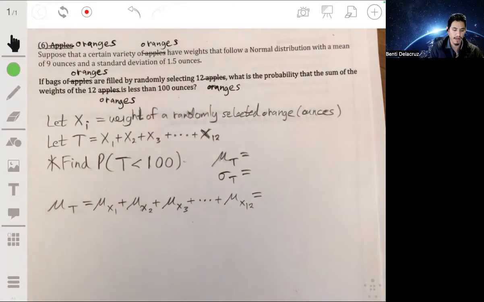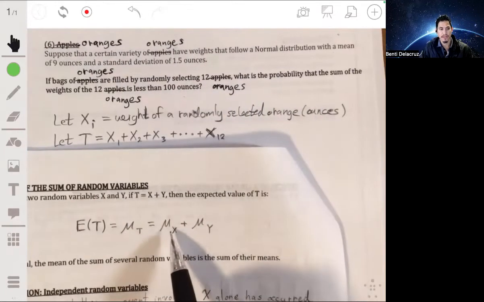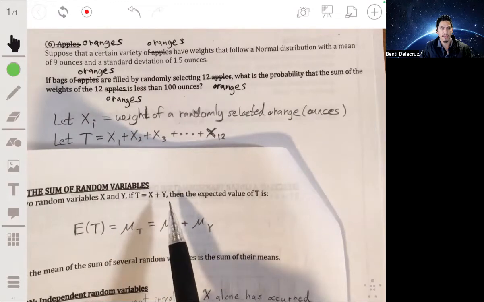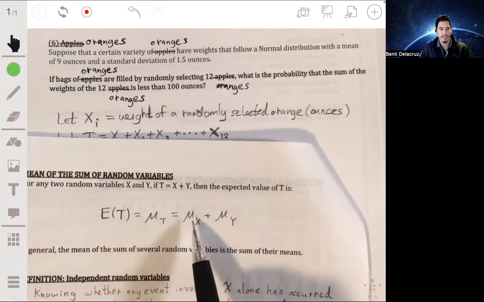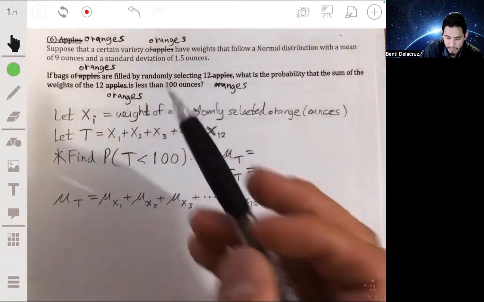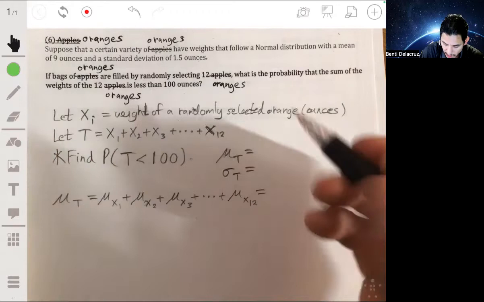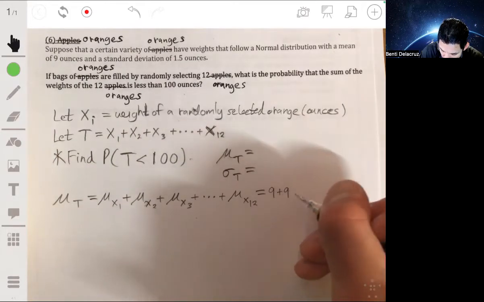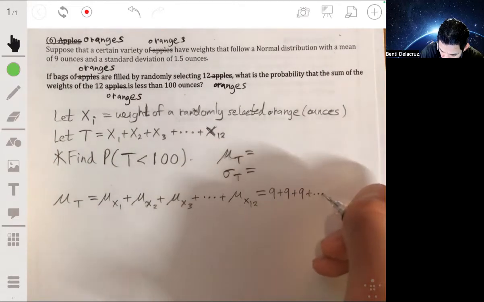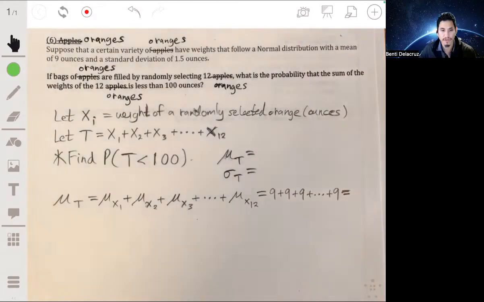And this is just going back to the previous lesson where if we have a variable that is the sum of two other variables, like t is equal to x plus y, then the mean of t is equal to the mean of x plus the mean of y. So we just add their means together, and all of their means are 9. They're all the same thing, essentially. So we're going to have 9 plus 9 plus 9, adding 9 12 times. We're basically just going to do 12 times 9.